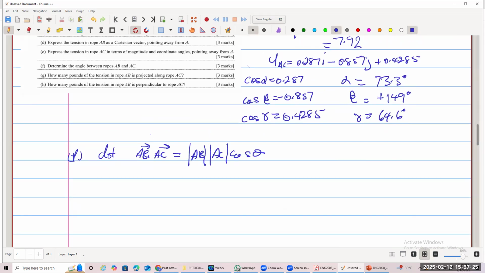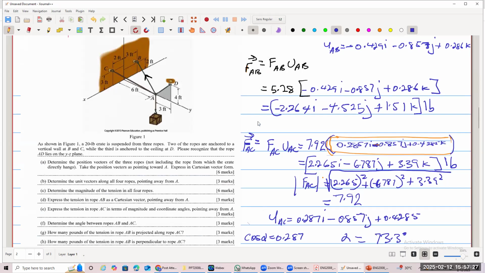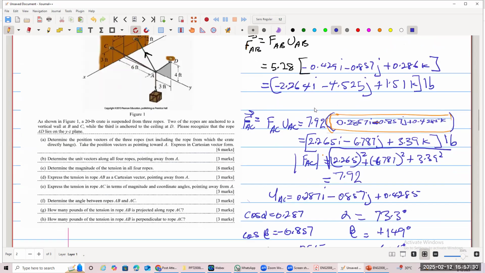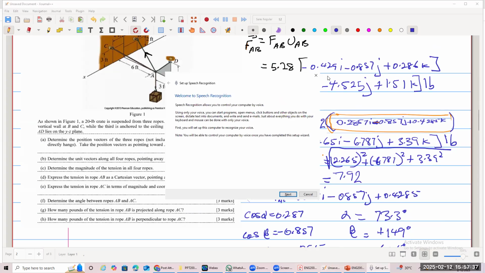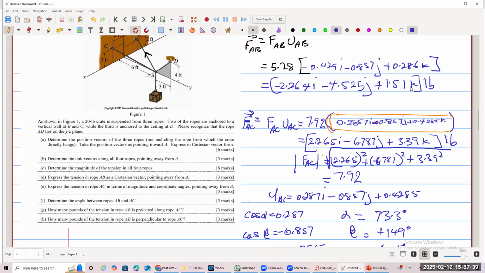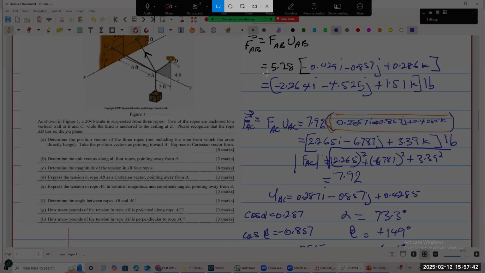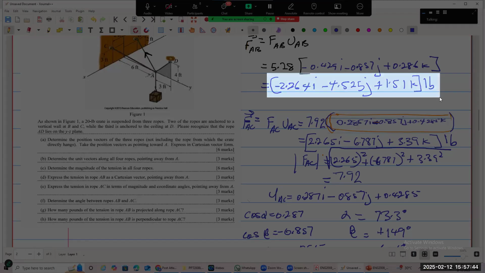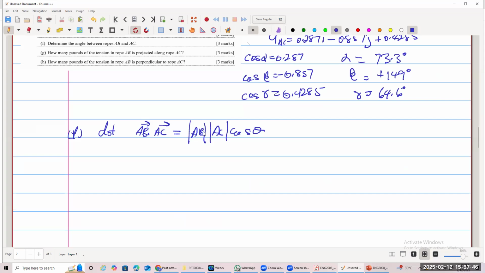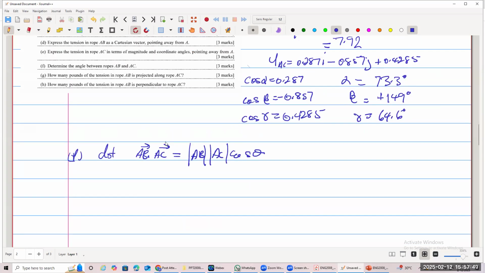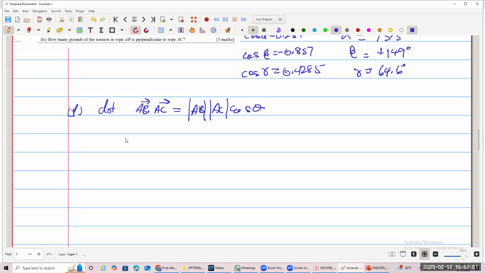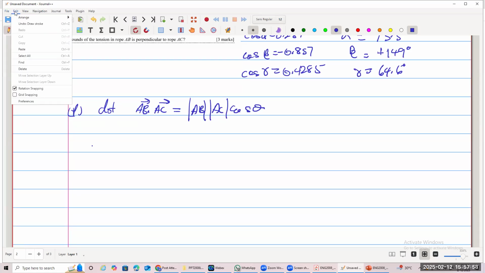So the coordinate of AB, what was it? We just wrote it up here. You see AB there. Let me put them beside each other and not even bother to write them. Whether you want to use a force or the position vector, you can use anything you want. It doesn't matter.